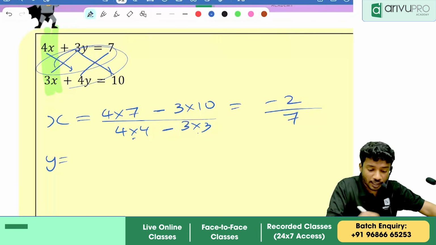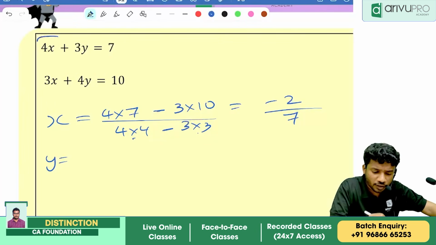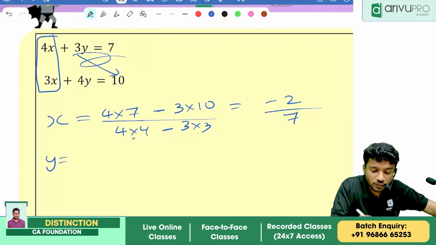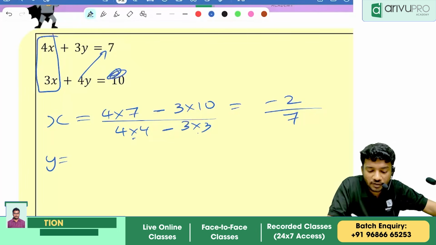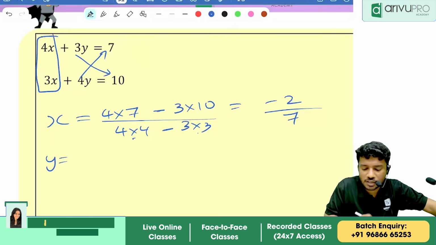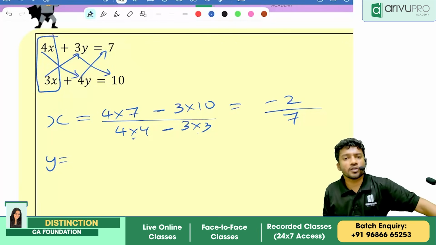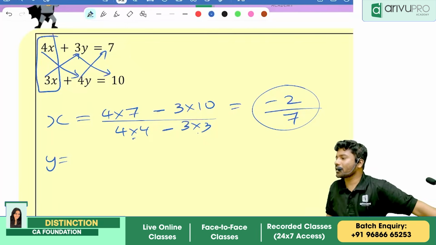I will just show it again. In order to find the value of x, you ignore x and go from down to top: 4 into 7 minus 3 into 10, divided by 4 into 4 minus 3 into 3. So the answer is minus 2 by 7.